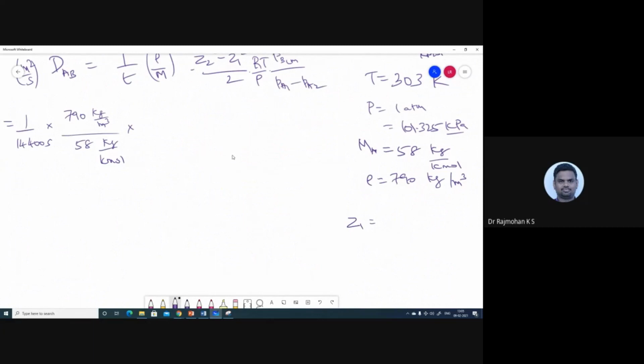That one is 5 centimeters. Since 100 centimeters is 1 meter, that is 0.05 meters.